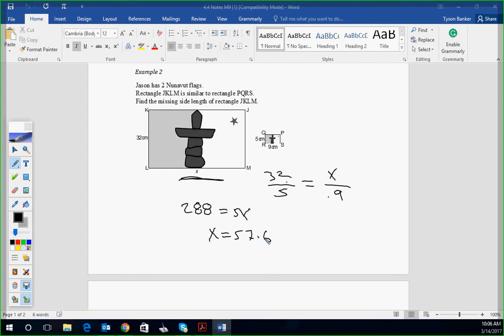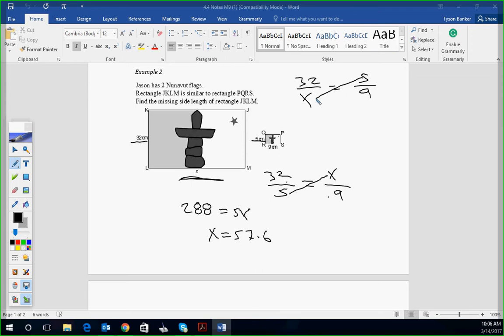Again, what we did is we set 32 to 5 because those are corresponding sides. So 32 over 5 equals x over 9. You also can go 32 over x is 5 over 9. You'll see you get the same multiplication. Here we got 5x, and here we're still going to get 5x.